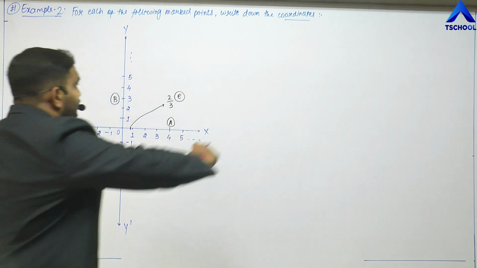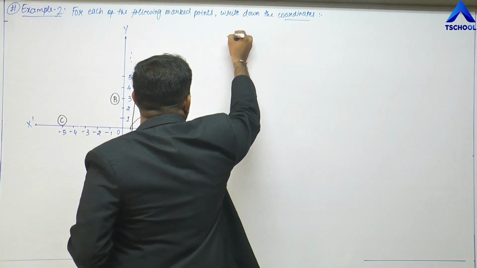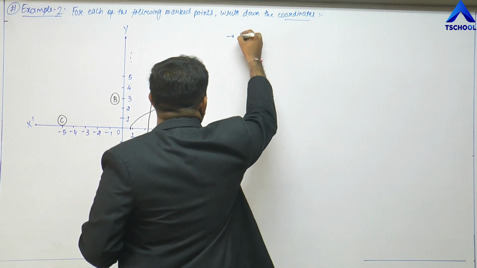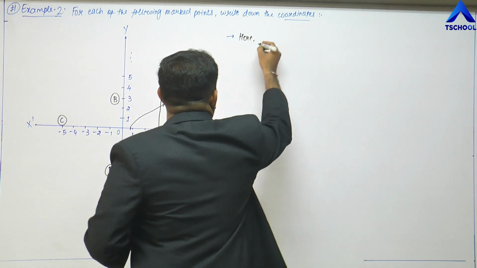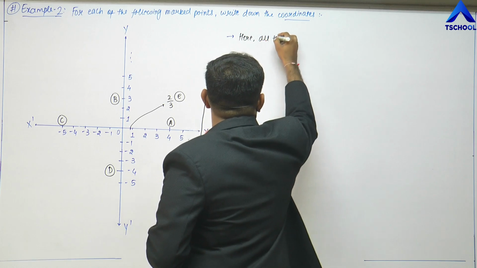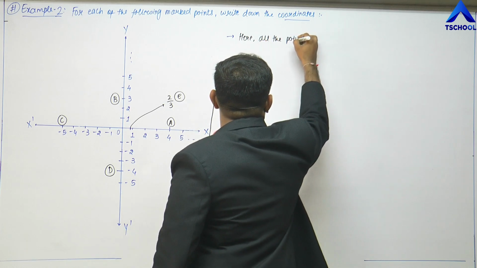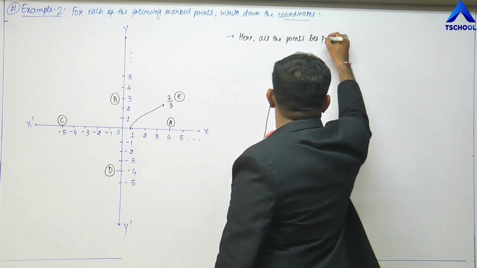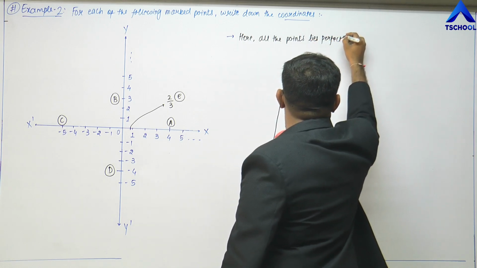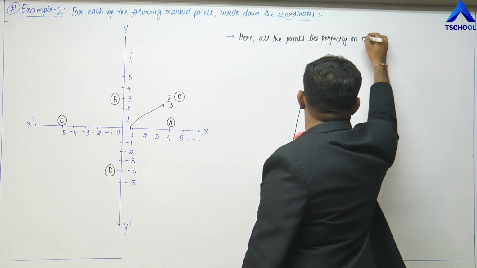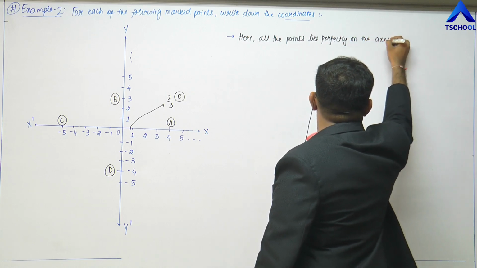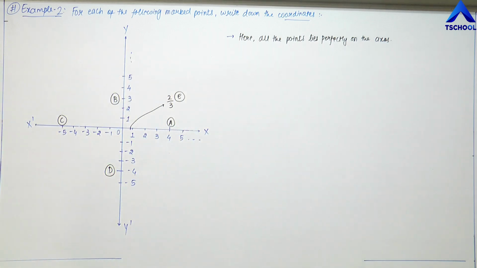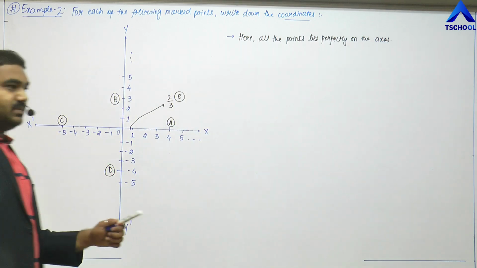So the solution here starts with, all the points lie perfectly on the axis, right? All the points lie perfectly on the axis. What does this mean?